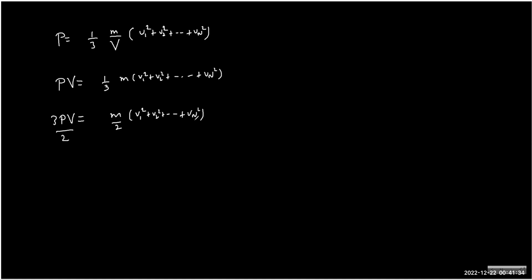So is this term representing the sum of kinetic energy of the entire system? Yes or no? Yes, sir. So this term is actually called the kinetic energy. And the formula turns out to be how much? 3 by 2 PV equals KE.